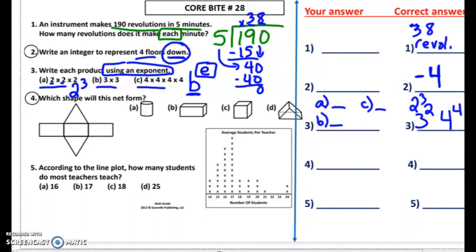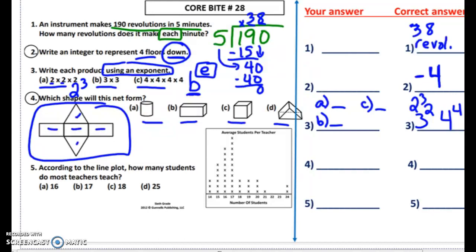Number 4 is asking you to look at this net and choose the 3-dimensional figure that goes with it. Recognizing that you have 3 rectangles and 2 triangles. Pause your video and answer number 4.